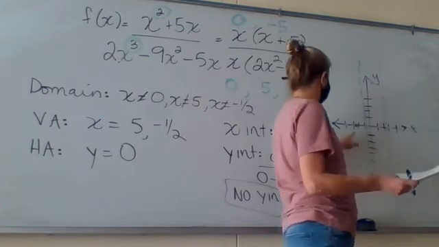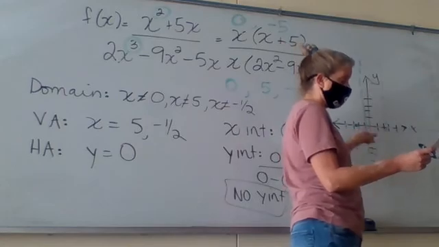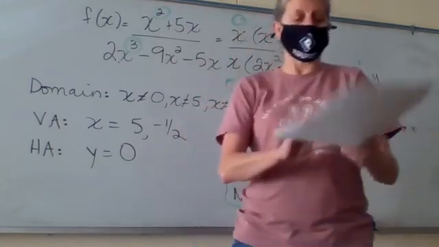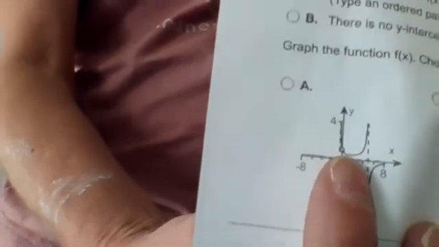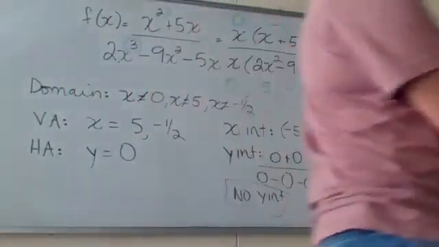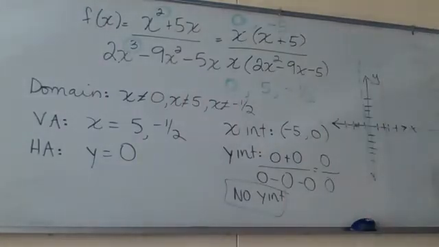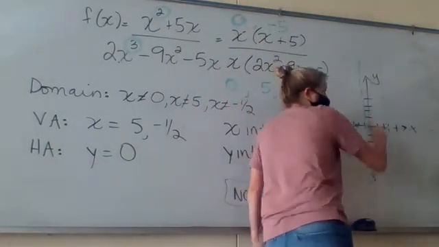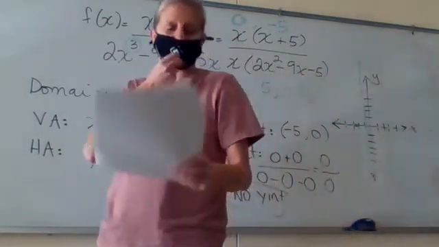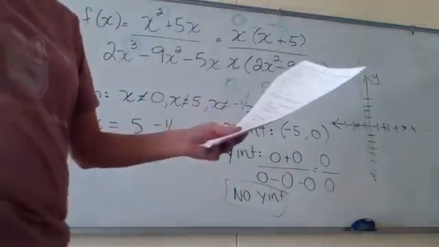It looks like it crosses the x around -5, and it doesn't cross the y because look at that one little spot where it looks like it's going to cross the y-axis, but what does it have there? It's got a little hole, a little opening, right? So it looks like it's going to cross through the y-axis, but it puts a little hole. So it's not a y-intercept because it's got a hole there. So A looks like a good choice.